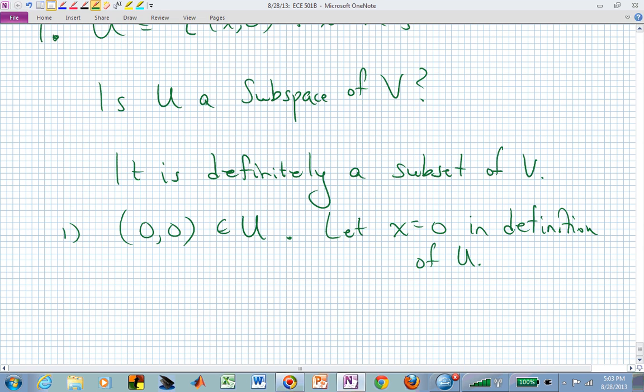It has at least one element in it. And this is actually the smallest subspace you can have, the 0 vector, 0, 0.